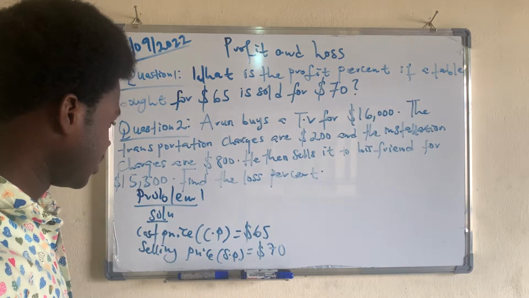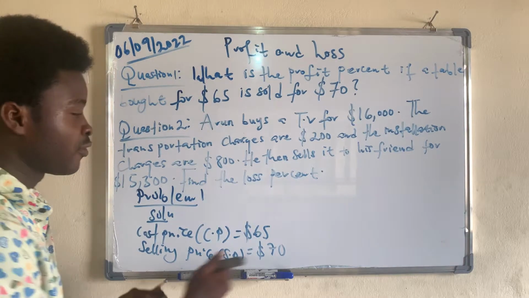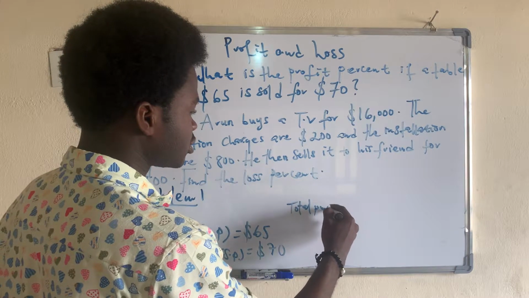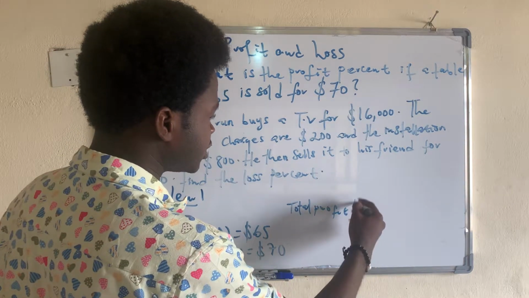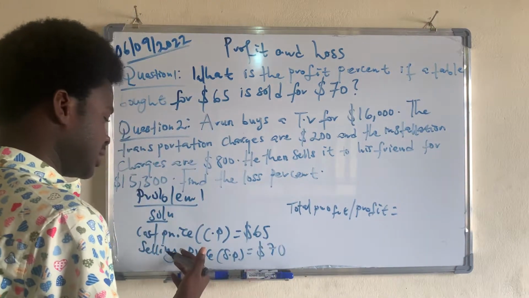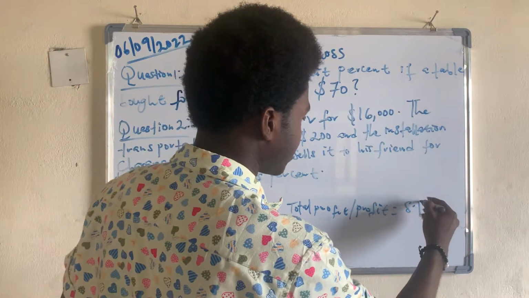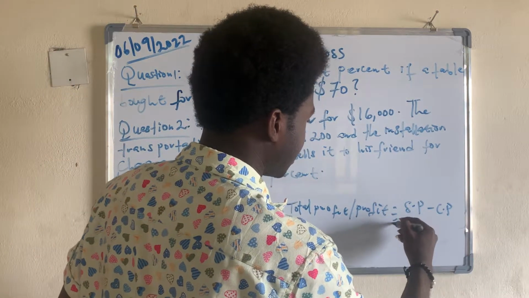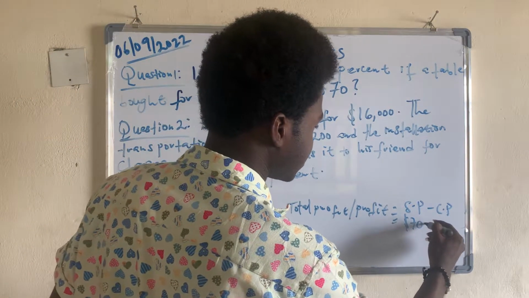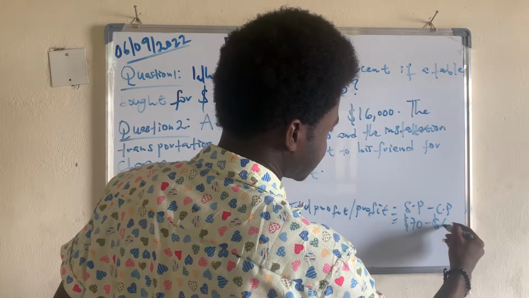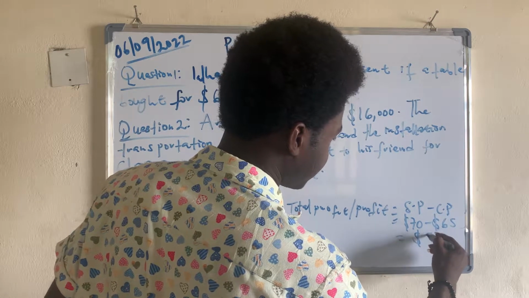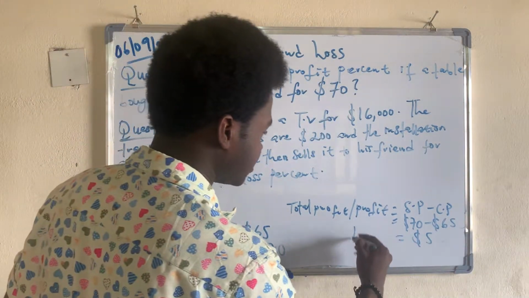So to get our profit, or simply profit, is selling price minus cost price, and that gives us $70 minus $65, and this is simply $5. So this is our profit.